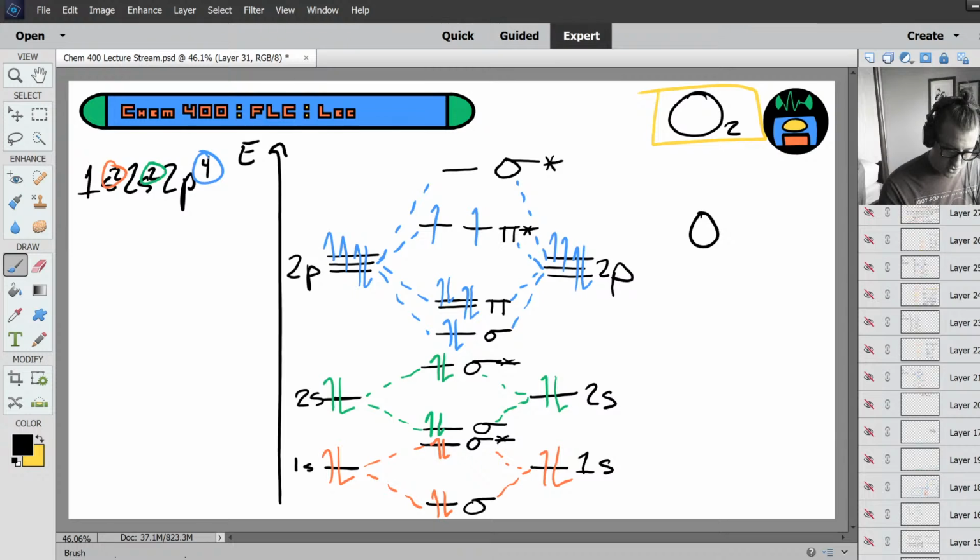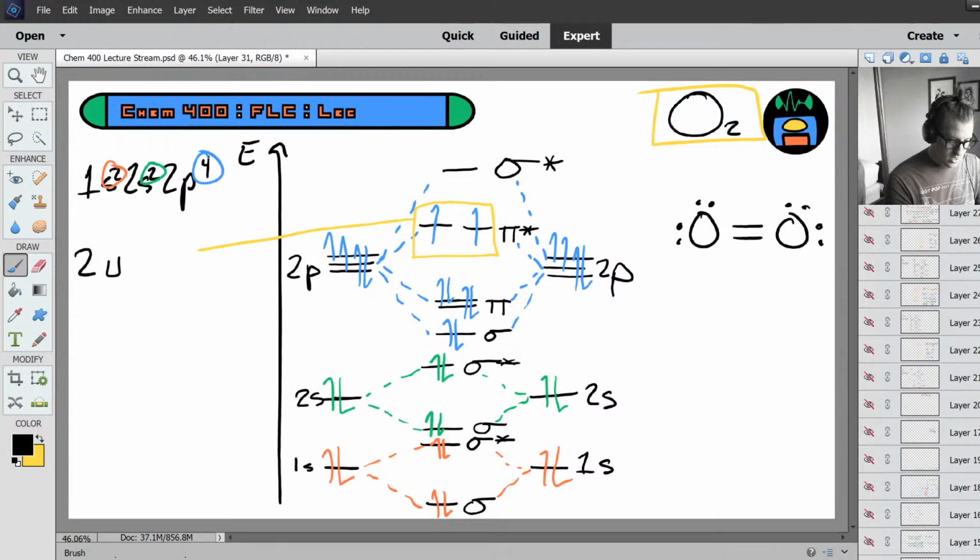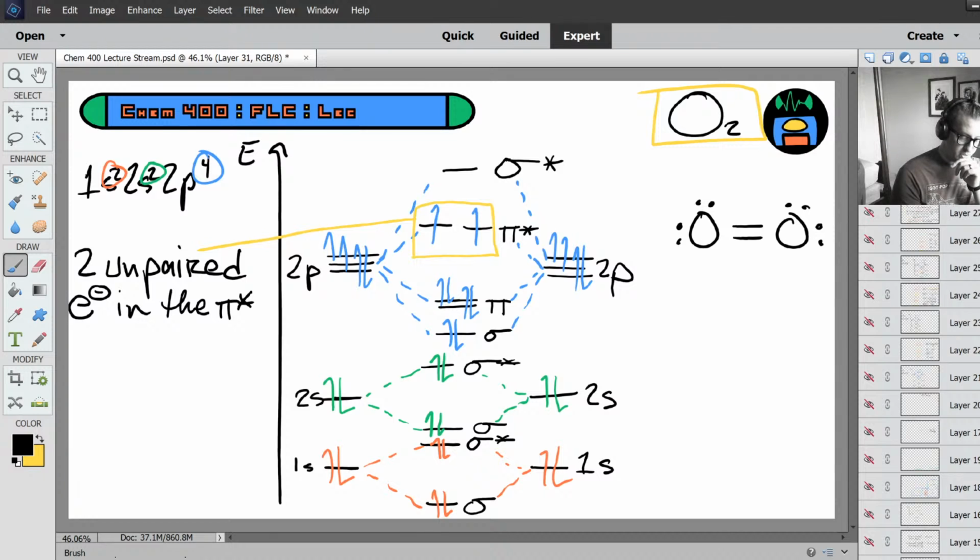Oxygen is a diradical because it has 2 unpaired electrons in the pi star antibonding orbitals.